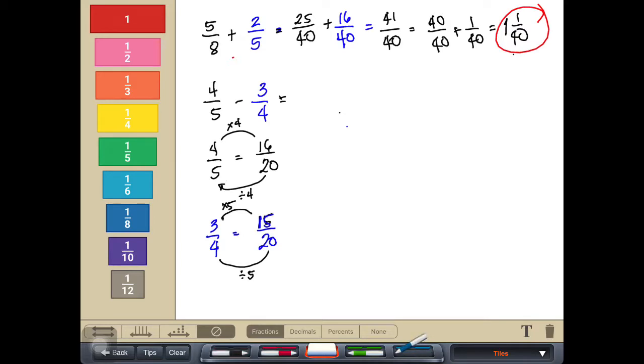Now I can already subtract the fractions. So 16/20ths minus 15/20ths would now be equal to 1/20th. Alright, so that's it.